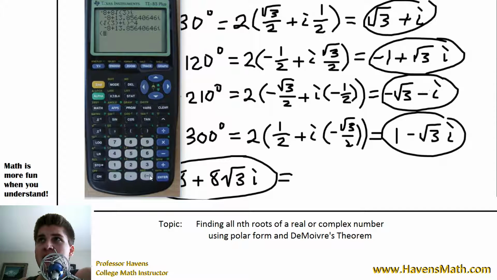But anyways, we take the next one, negative 1 plus rad 3i. And if we raise this to the fourth power, it should also give us the same number. So good, so far so good. Let's try the next two, make sure they work as well. So negative square root of 3 minus i.